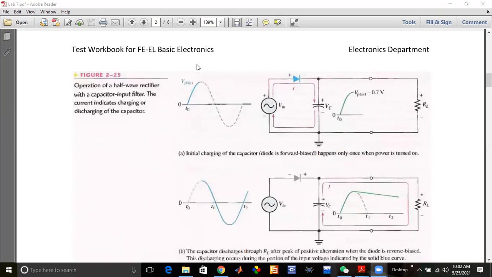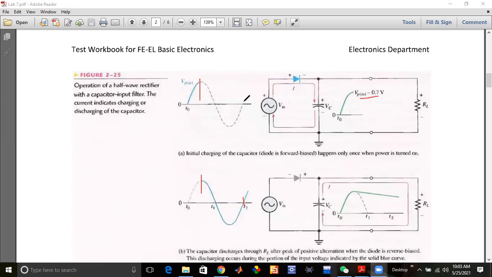In this portion you see here, it becomes charged up to Vp minus 0.7, and from that point toward that point the capacitor will be discharged.